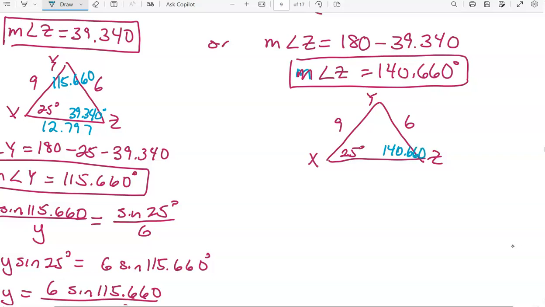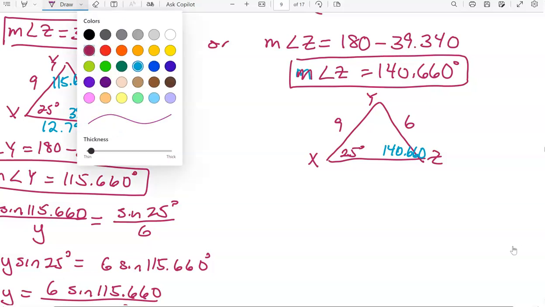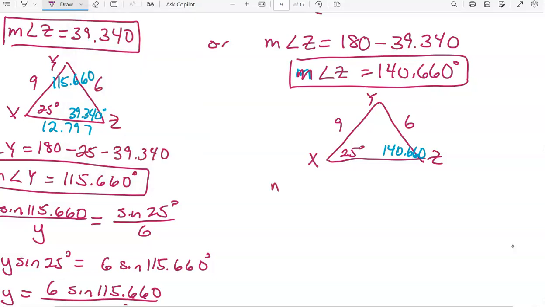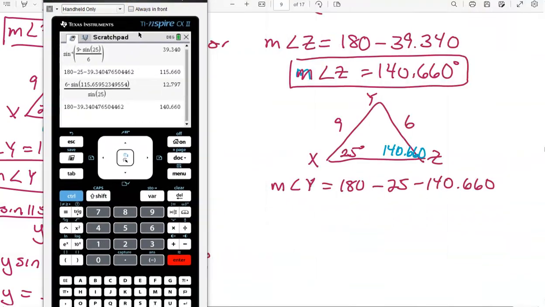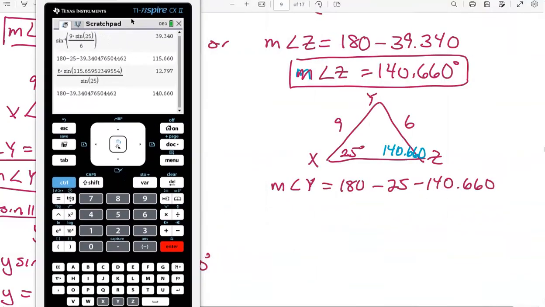And now the easiest thing for us to find next would be the third angle. So the third angle, angle Y, would be 180 minus 25 minus that 140.660. When we do this calculation, it's important that we grab that unrounded answer.